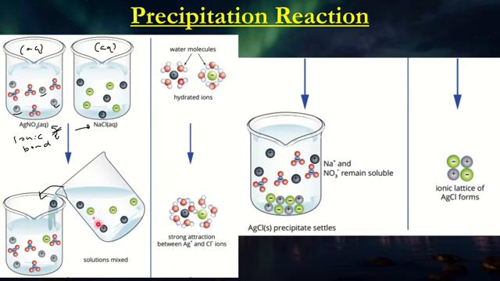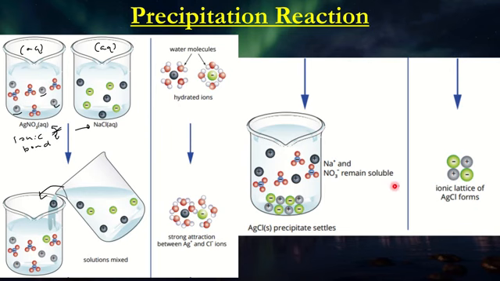When you mix the sodium chloride in with the silver nitrate, this is where we see precipitation occur. What we know is that the silver and the chloride have a strong attraction towards each other, and that attraction between the silver ion and the chloride ion bonds them together to make silver chloride.